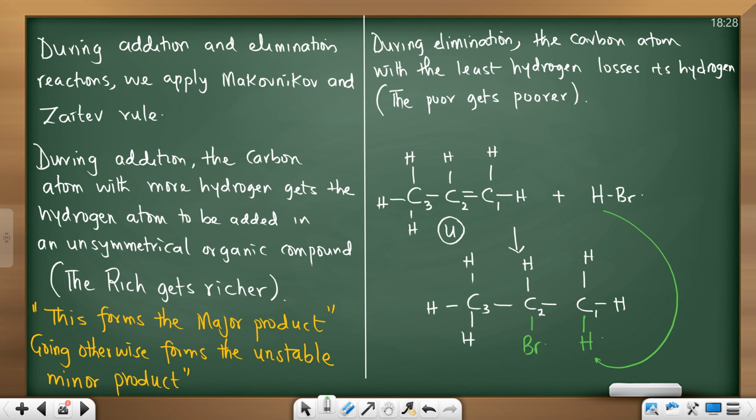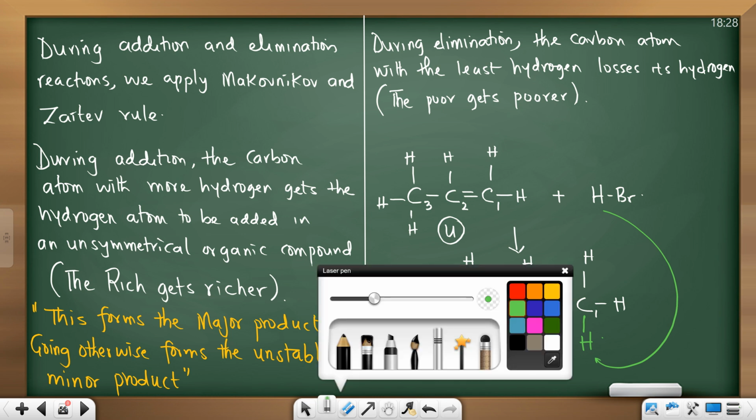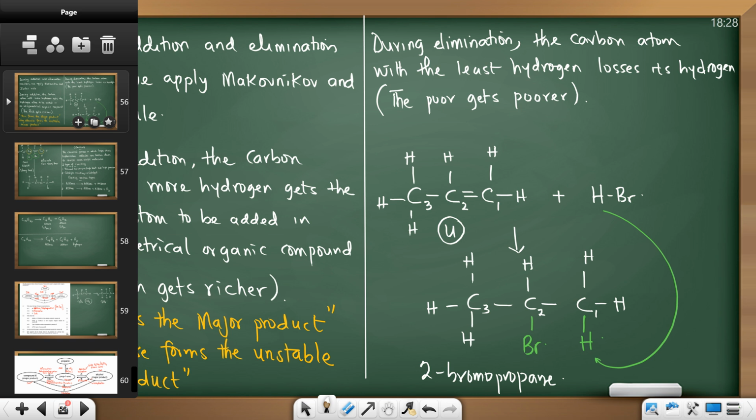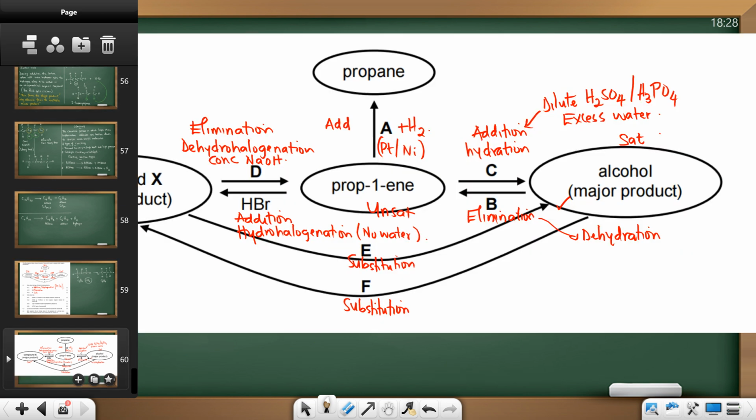Wrong. What is this? Where is it sitting? So what's the name? 2-bromopropane. You cannot not know how to name that. 2-bromopropane. And that's the same thing the examiner was asking us there. So we are done with that question.